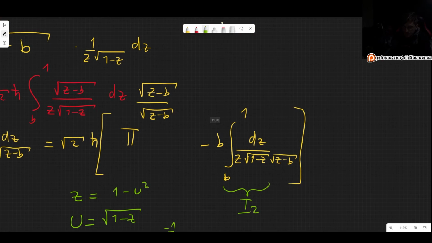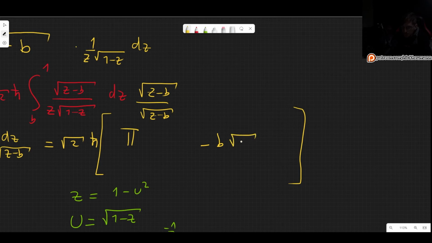So instead of this integral, we have the square root of pi divided by the square root of b. But there's already a b here, so they cancel out and you get the square root of b right there.